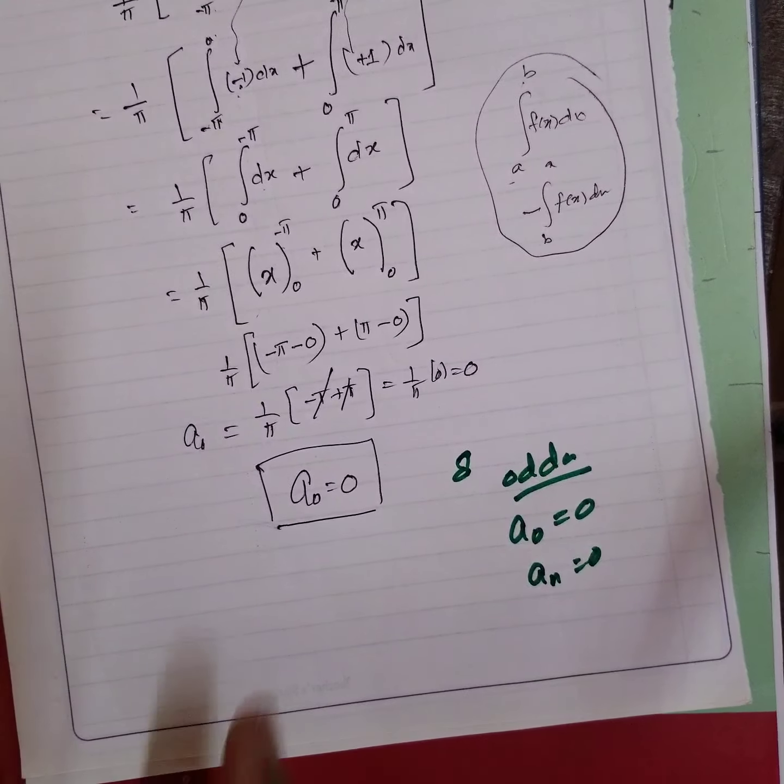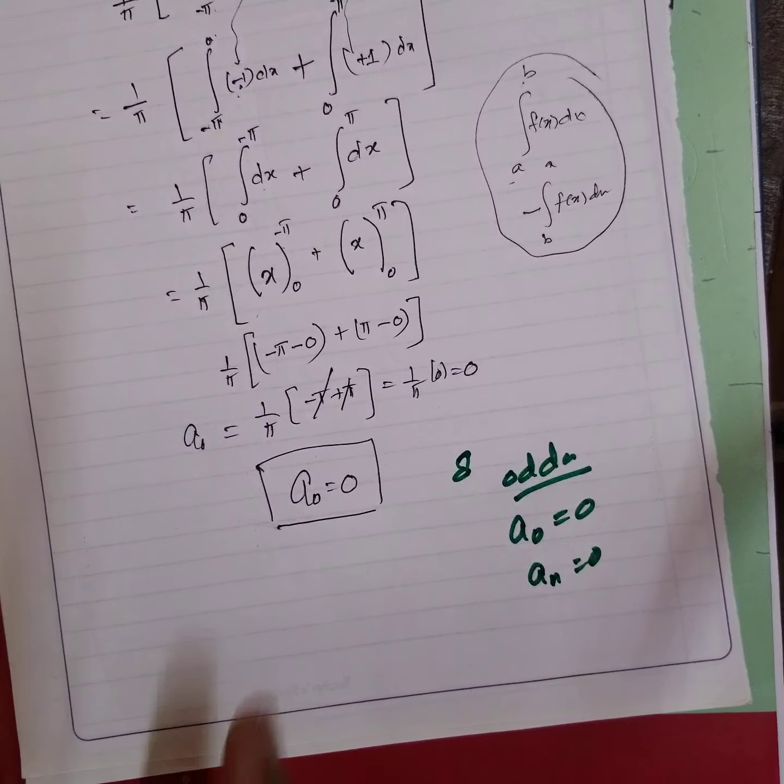Next, I evaluated a naught. The second case is an, which I have to evaluate. An is 1 by pi, integral from minus pi to plus pi of function of x cos nx dx. Again, by the same method, it is the integral of function of x cos nx dx from minus pi to 0, plus 0 to pi of function of x cos nx dx.